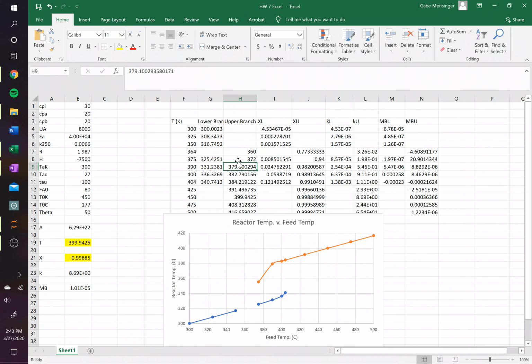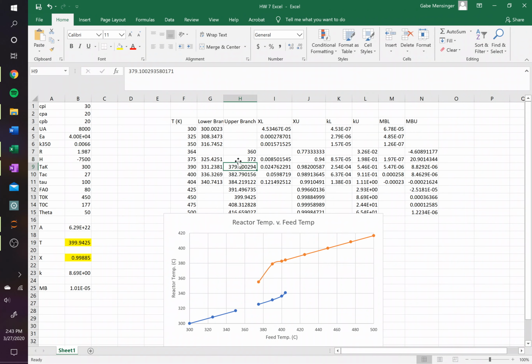And now it says we're decreasing by 20 degrees. But when we decrease by 20 degrees on this branch, we're going to stay on this line, because we need to get to the extinction point before we can drop back down to the lower curve.